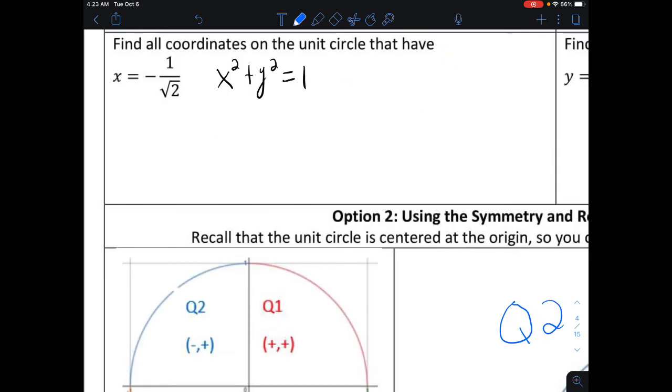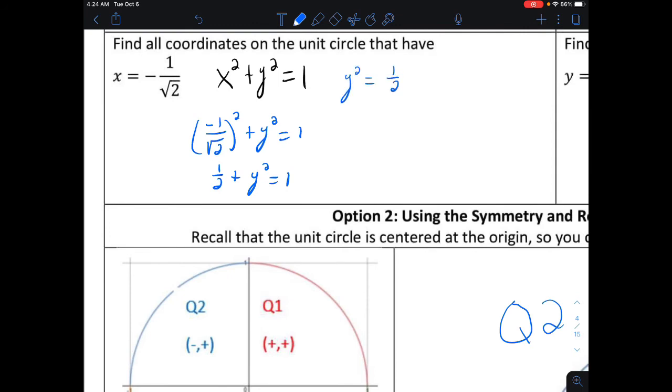All right, here, finding all coordinates on the unit circle that have an x value of negative 1 over the square root of 2. So we're going to put negative 1 over the square root of 2 in for the x in the equation of our unit circle. We'll solve for the y values. Well, negative 1 over the square root of 2 being squared makes 1/2. So 1/2 plus y squared is equal to 1. We'd subtract. We end up having y squared is equal to 1/2. Take the square root of both sides.